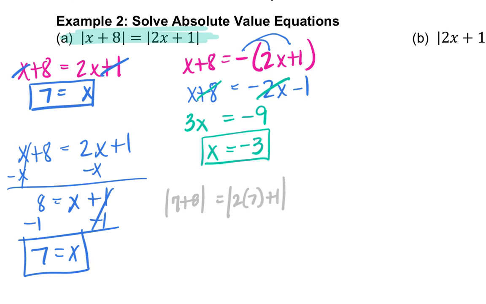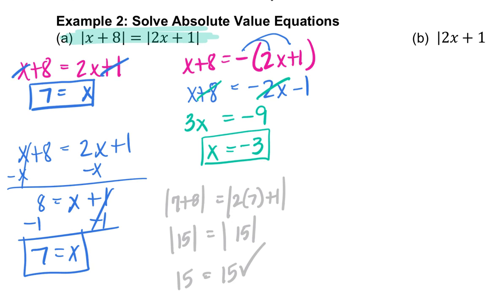Well, what's 7 plus 8? 15, and the absolute value of 15 is 15. 2 times 7 is 14, and 14 plus 1 is 15, and the absolute value of 15 is still 15, so that answer checks out.